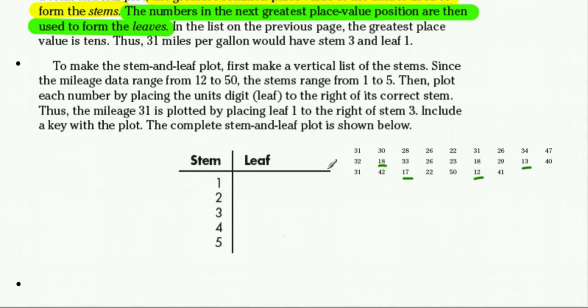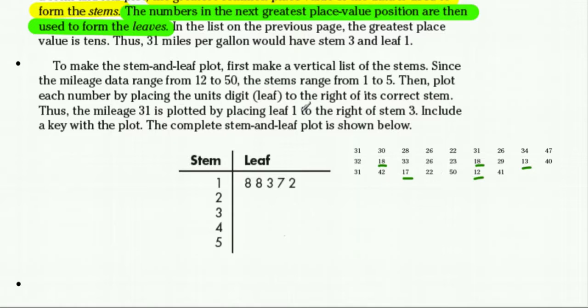So stem 1 will have leaves of 8, 7, 2, and 3. In order, it's 8, 3, 7, and 2, in the order that I see it on that table right there. So those are my leaves, 8, 8, 3, 7, 2. Oh, because I missed another 8 right there.